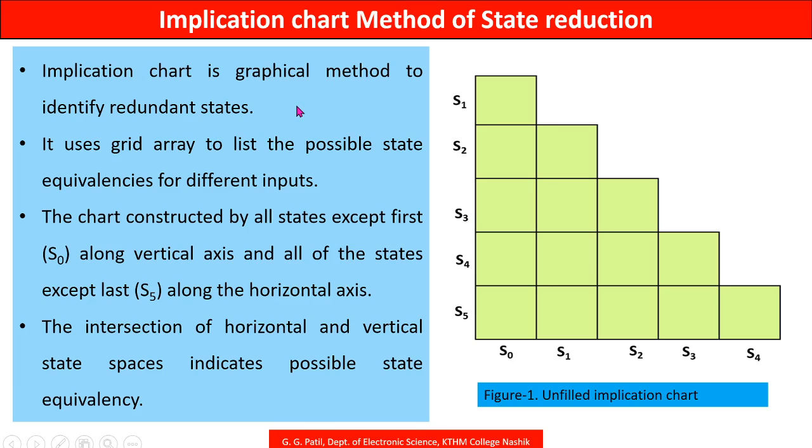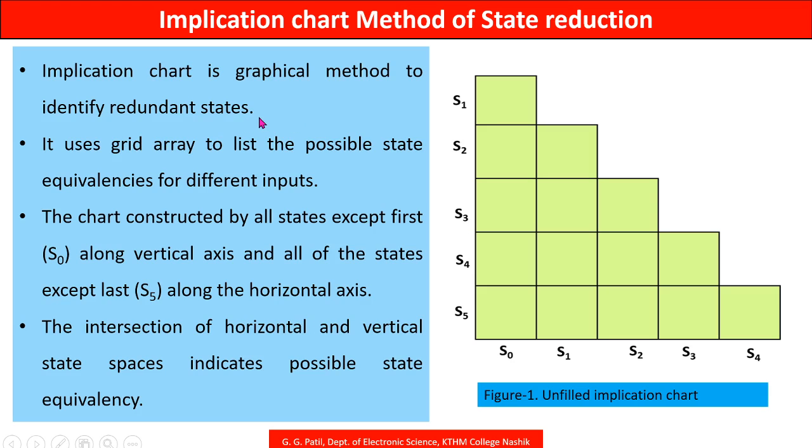In an earlier lecture, we have discussed the equivalence class method of finding the redundant state. In the equivalence class method, we partition the states according to their output and next states, make groups of those states, and go on partitioning till it is possible.